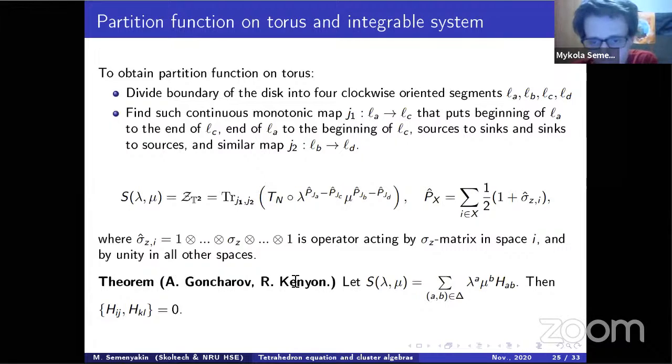Okay, so now we have an integrable system, and just to recollect all that was said for the last 15 minutes: if you take some perfect network on the torus, compute the partition function of all paths on this torus, and consider only those paths which contribute into class AB in torus homology, you get Hamiltonians of an integrable system, commuting Hamiltonians.